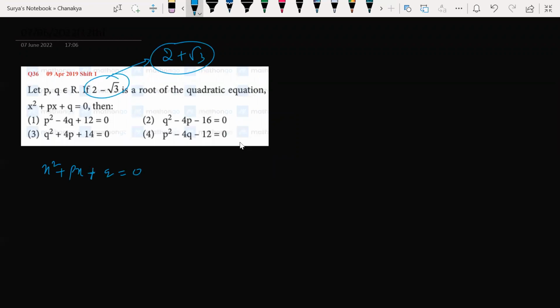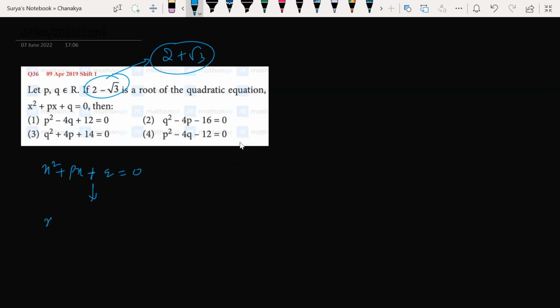This is the quadratic equation given to you, correct? So how can I write this? See guys, two roots are given to you. This equation has two roots. What are they? 2 minus root 3 is one root. The other root is going to be 2 plus root 3.